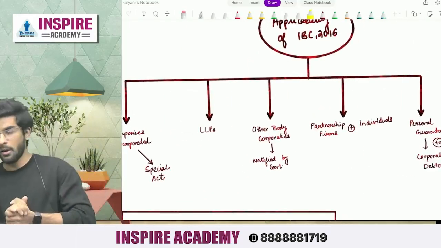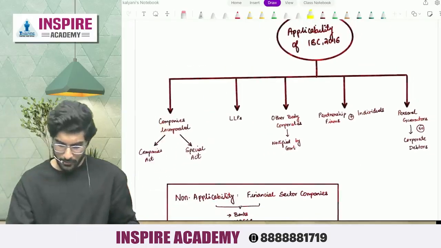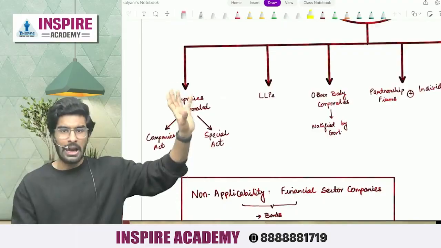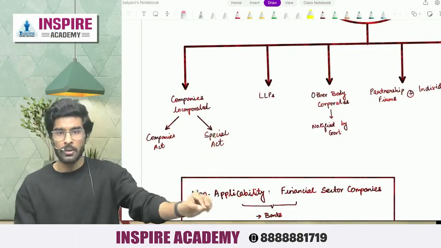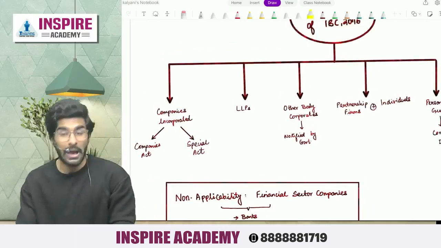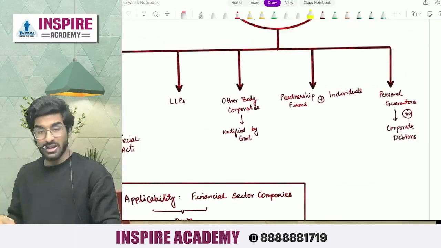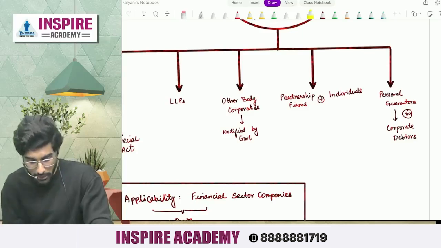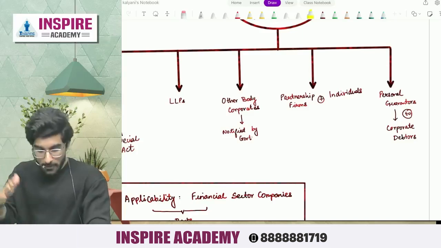Now applicability of IBC. Number 1 is companies incorporated under Companies Act 1956 or 2013, or company incorporated under a Special Act of Parliament. Okay. LLPs also are included. Number 3 is any other body corporates notified by the government are also included. And next, people, partnership and individuals.